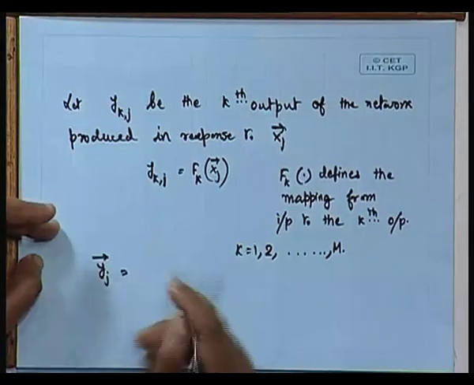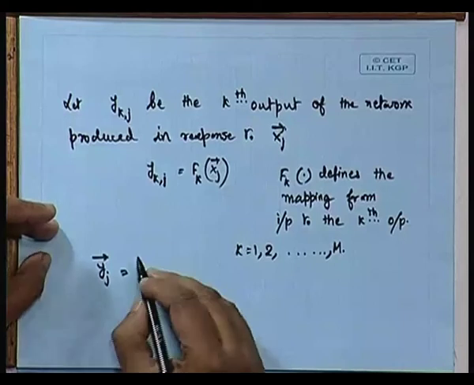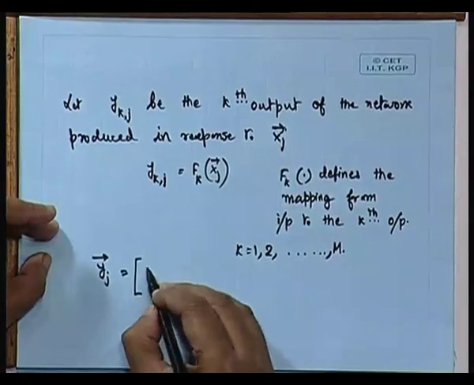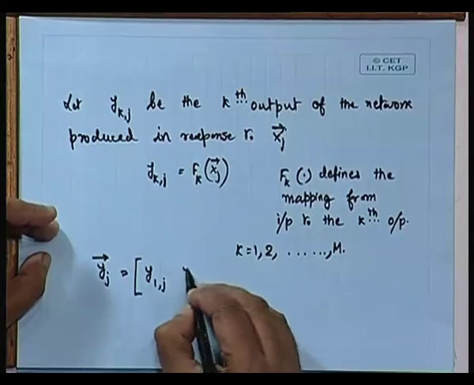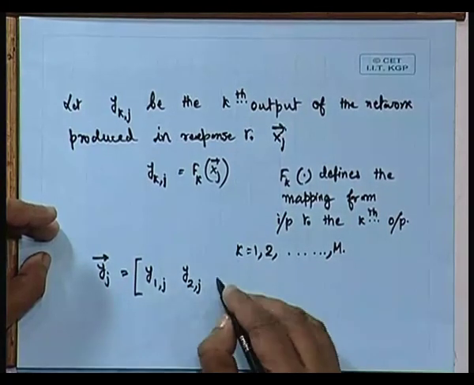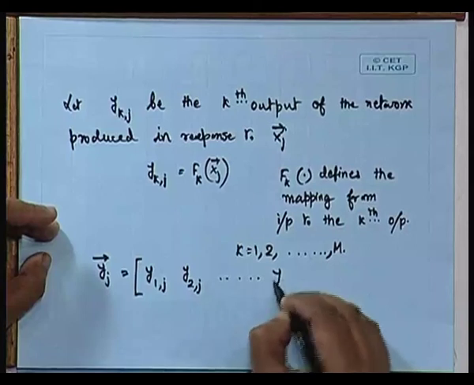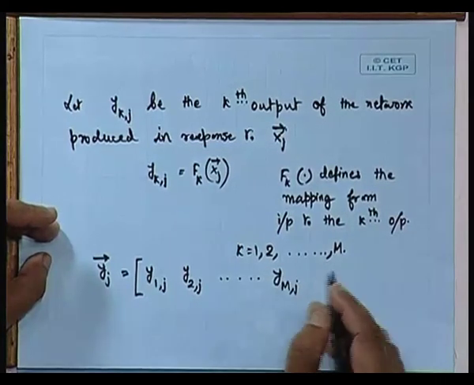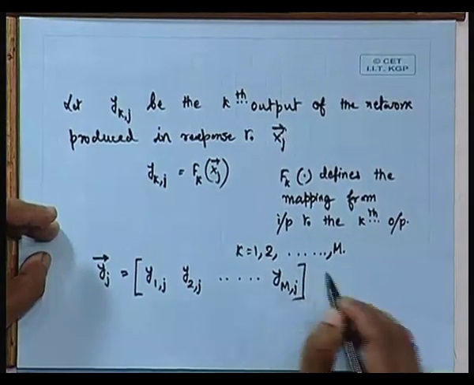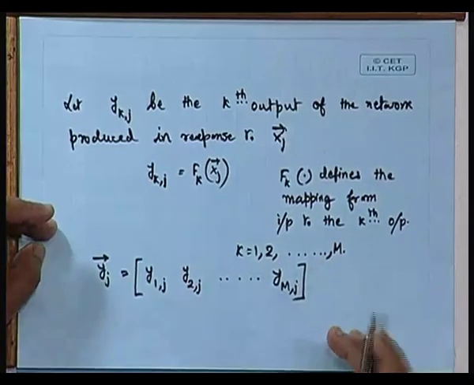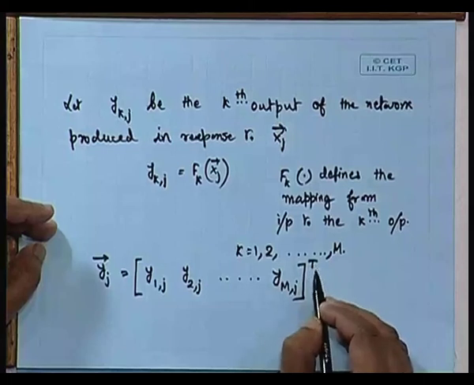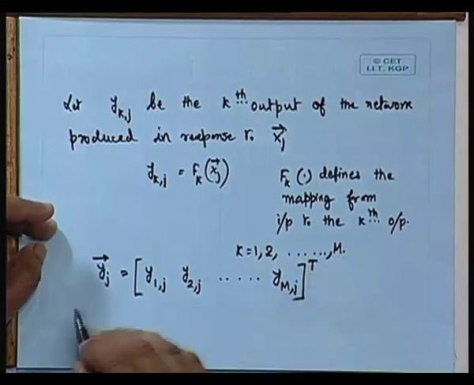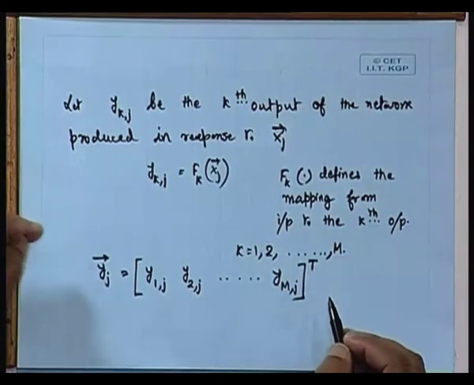So, we define a vector yj whose components are y1j, the first output, y2j, the second output, up to ymj, the mth or the last output. And because the original definition is a column vector, we should write it as a transpose of this.